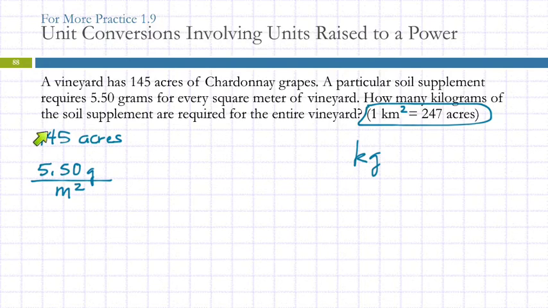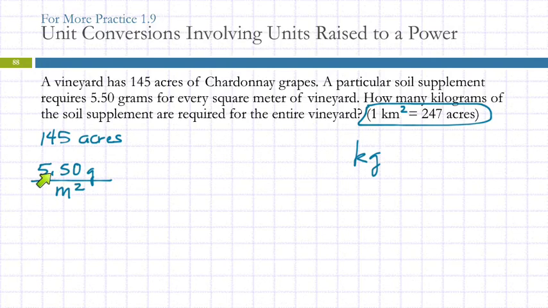So I've got two things here, and sometimes students don't know which one to start with. Well, don't flip a coin. You could, but then you might need to do it over again. Look at the units. This is just a single unit, acre. This is one of those derived units, grams per square meter.